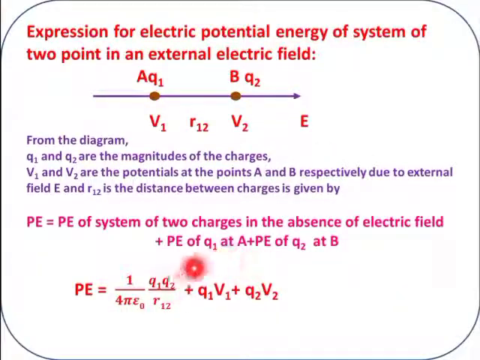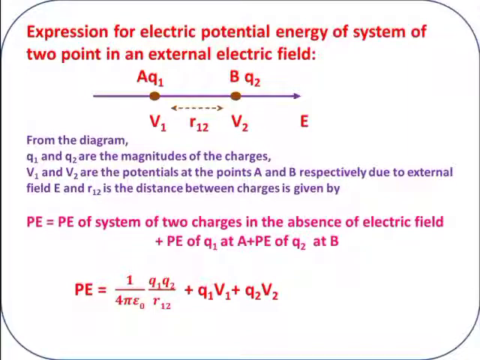The next one, PE of Q1 at A, that is Q1 into V1, plus PE of Q2 at B, that is Q2 into V2. So this is the final expression.